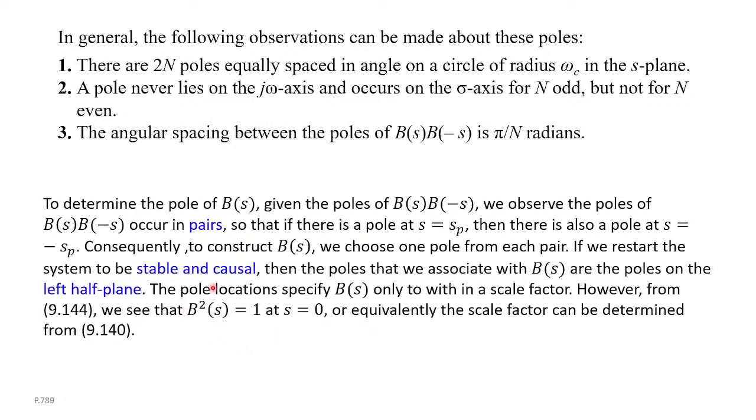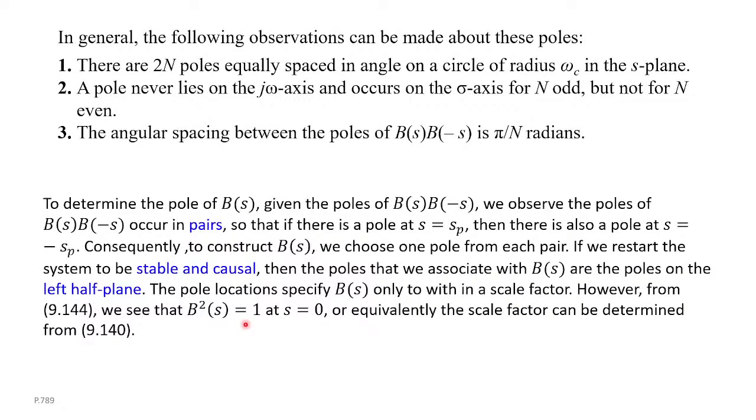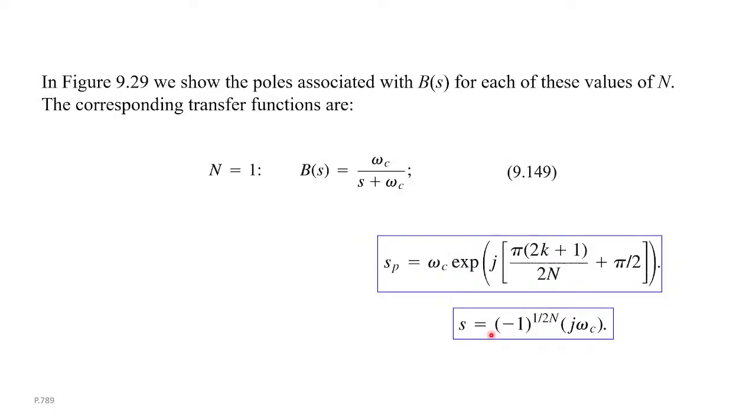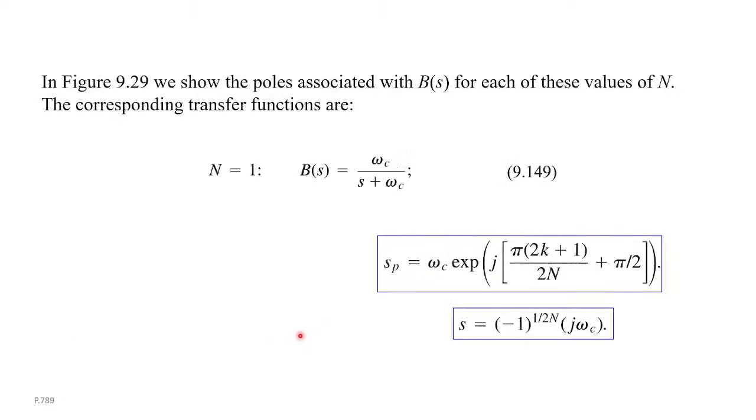So B of S squared equals 1 when S equals 0, so B of 0 is basically plus or minus 1. But I think it's better to pick B of 0 equal to +1.